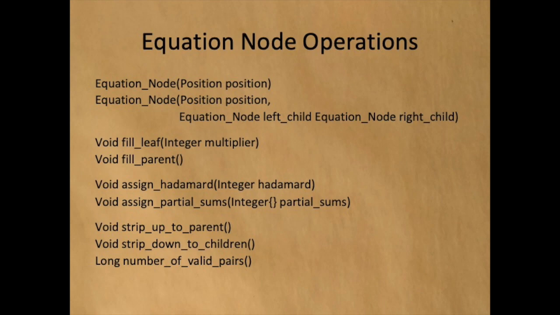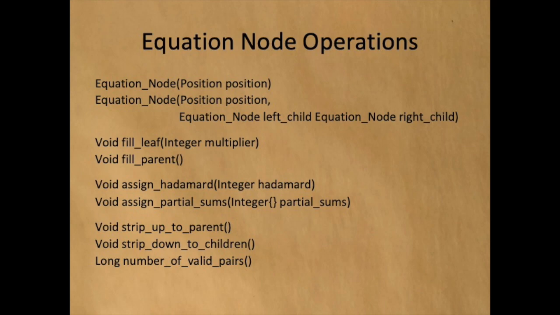Fill leaf adds all possible equation pairs into a leaf based on the constraint multiplier. Fill parent adds all possible equation pairs into a node based on its two children. Assign Hadamard removes all equation pairs that do not match the specified Hadamard value. Assign partial sums removes all equation pairs that do not match the specified partial sums.